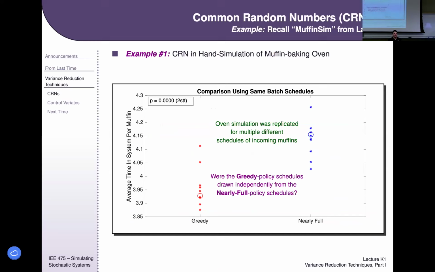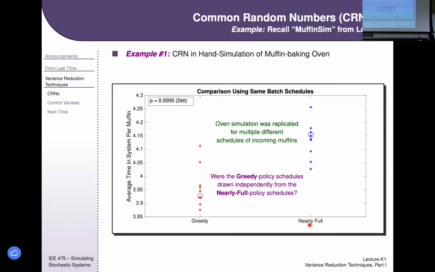Each one of you has one of 10 different digits ending your ASU ID. Based on that, we gave you a different data set of customers. And then those same customers, you ran into two systems, a system that had one batching policy and a system that had another batching policy. So this is the batching policy greedy. This is the batching policy nearly full.